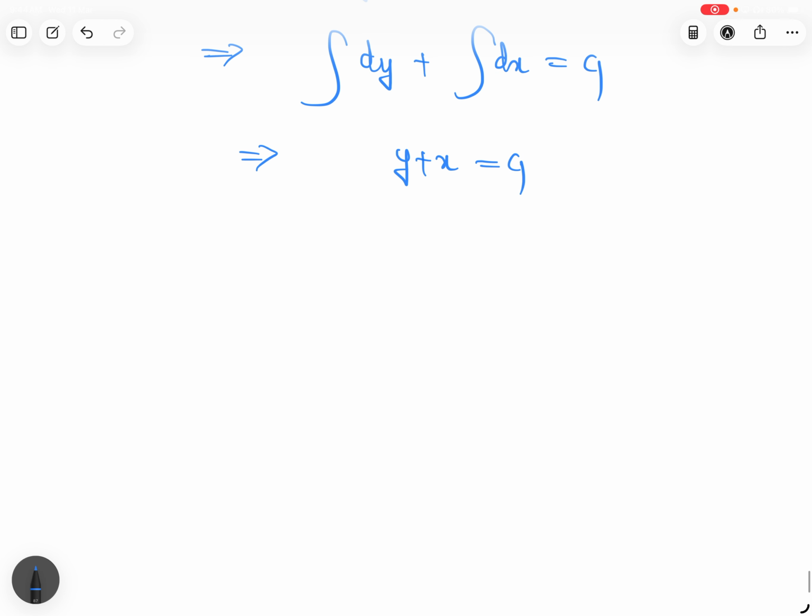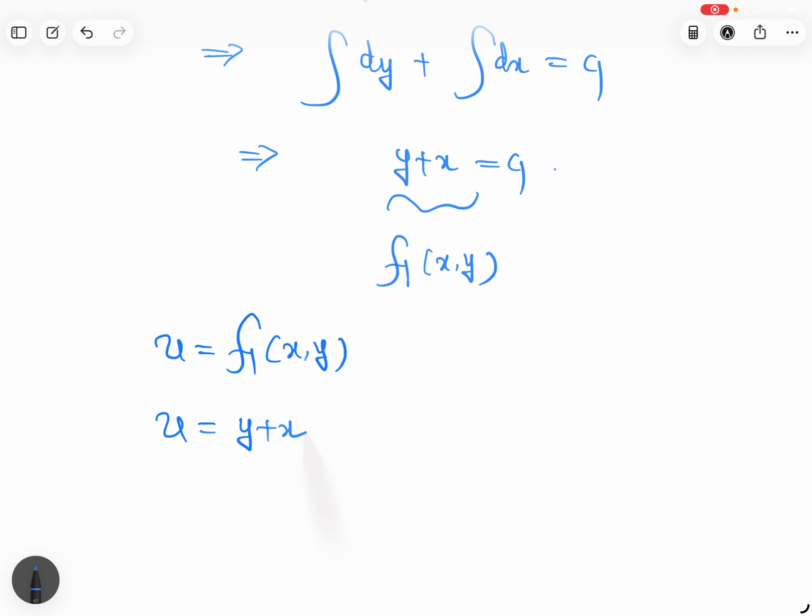Okay. So what is the choice of u? We have to choose u and v. But you will get u this way, because this is my f1 xy. So u is f1 xy, so we got u as y plus x.